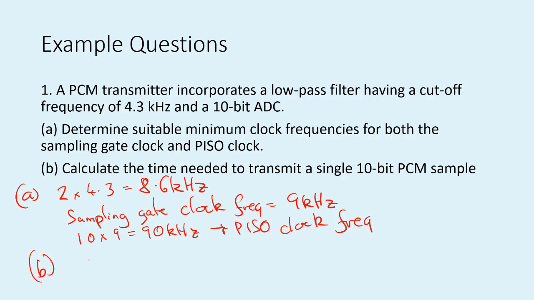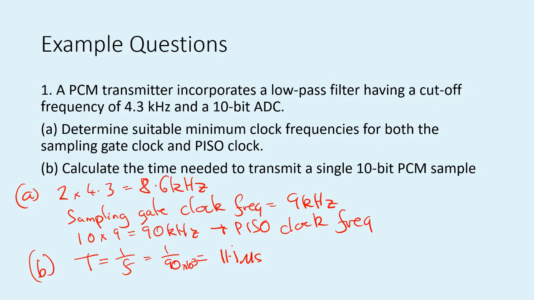Part B, calculate the time needed to transmit a single 10-bit PCM sample. So time is 1 over frequency, so 1 over 90 kilohertz. That's 11.1 recurring microseconds.